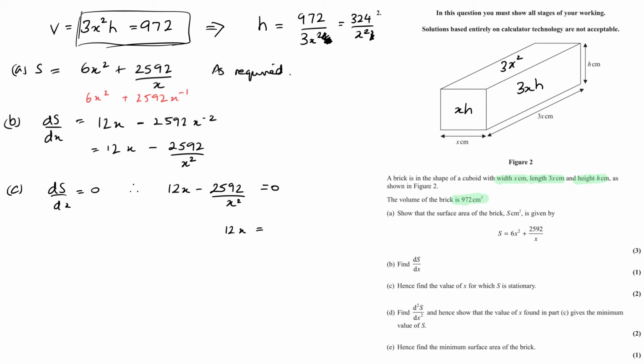So 12x equals 2592 over x squared. Multiply by x squared and divide by the 12, so we'll get x cubed on the left hand side and 216 on the right hand side, and then taking the cube root we get x equals 6.